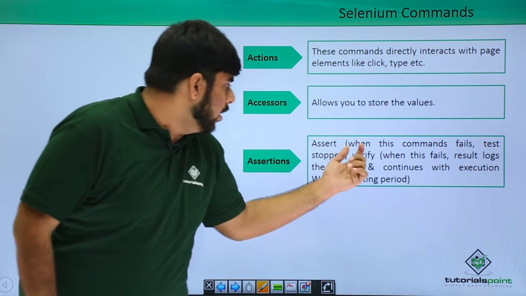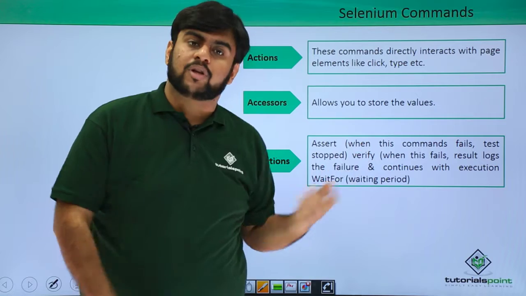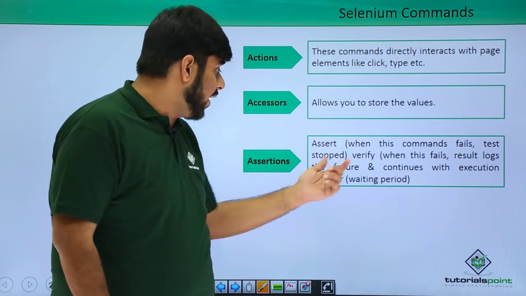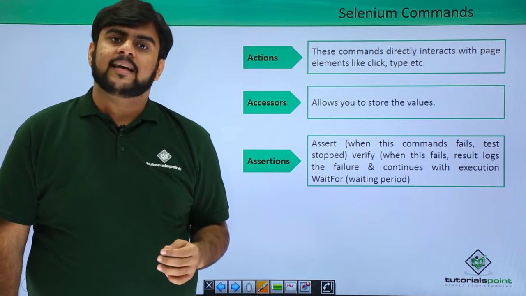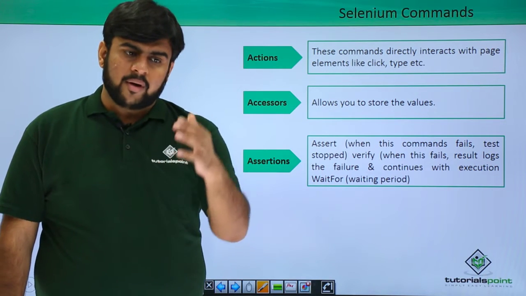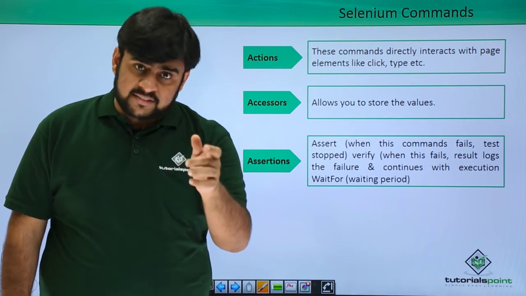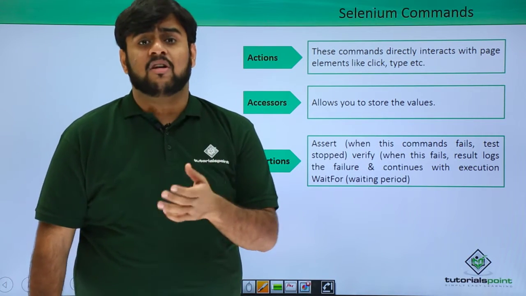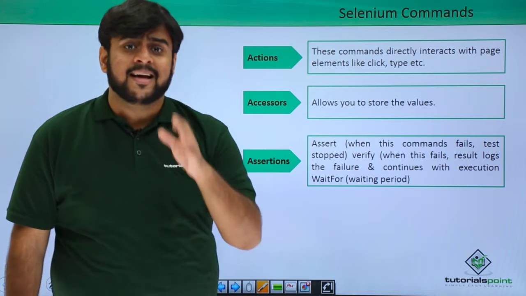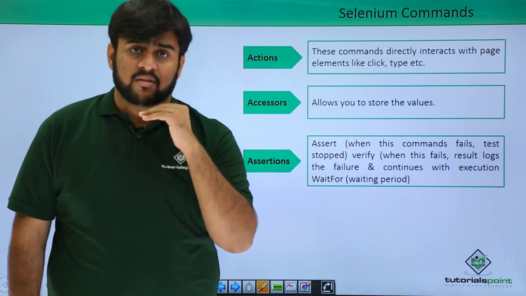We basically have two types of assertion commands: one is assert and one is verify. What do you mean by an assert command? Say I ask you to click on a particular button, but the button is not visible or is not enabled. In such a case, the test case fails.